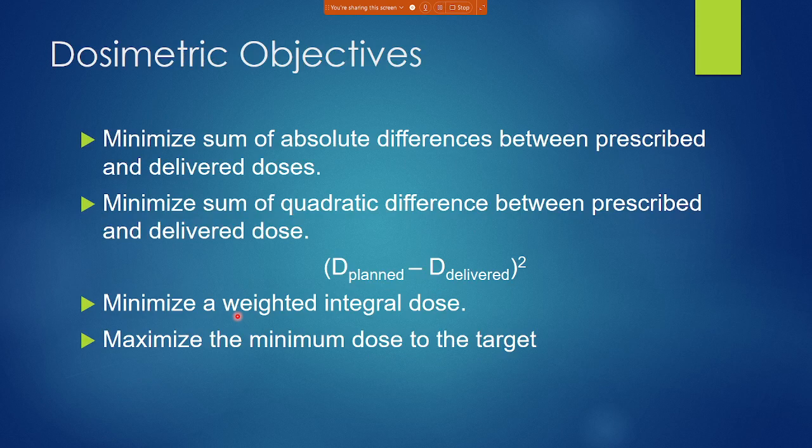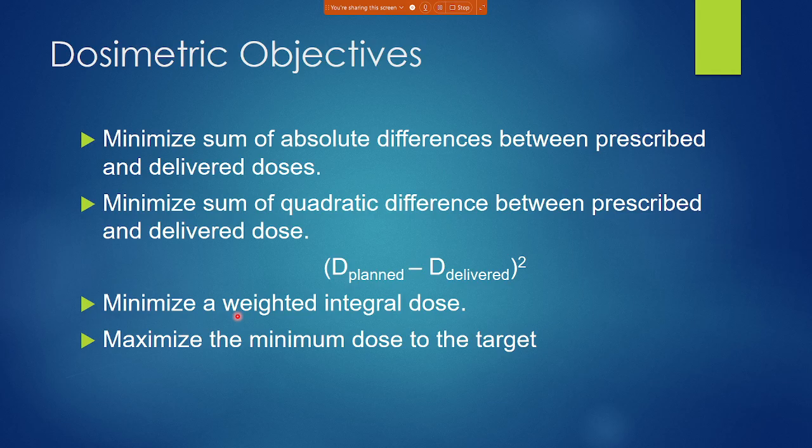So how does that optimization work? I have been saying you need to have a cost function and you minimize it. So the idea is to minimize the sum of absolute differences between the prescribed and the delivered dose. The doctor has prescribed a dose and the planner keeps doing planning. So when they plan, they get a particular dose. The difference between the prescribed and the planned one should be as small as possible.